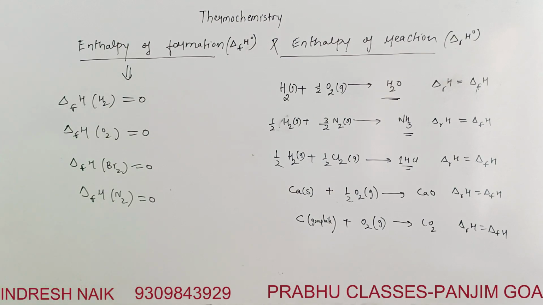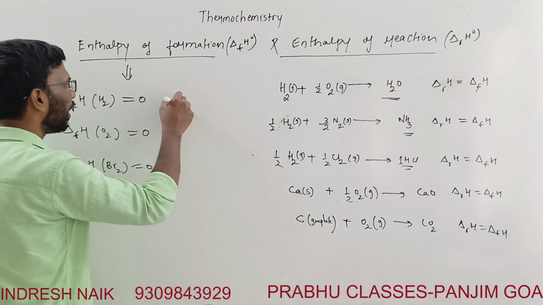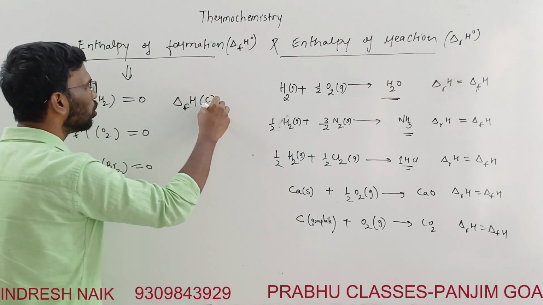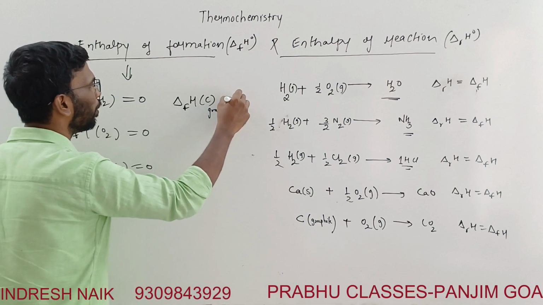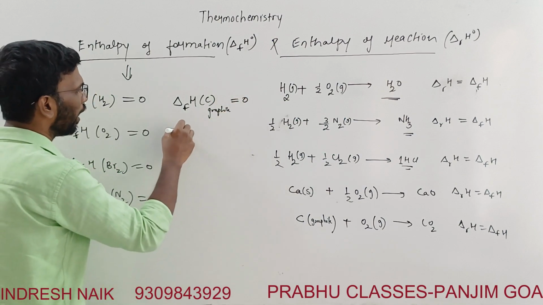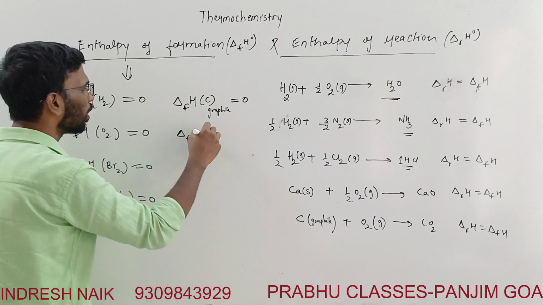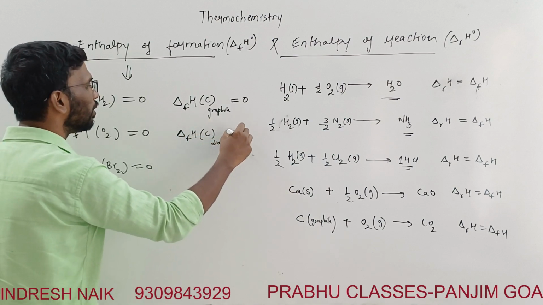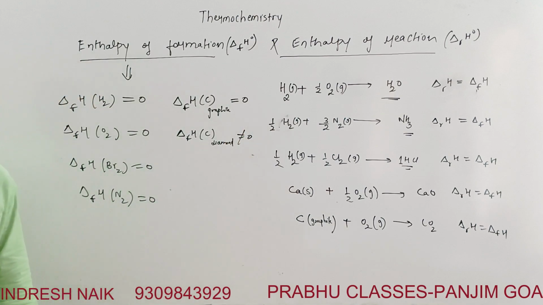Then enthalpy of formation of carbon, and that too graphite and not diamond, is equal to 0. Enthalpy of formation of carbon, if it is a diamond, is not equal to 0. Make a note of that. Okay, so all these things are considered to be 0.